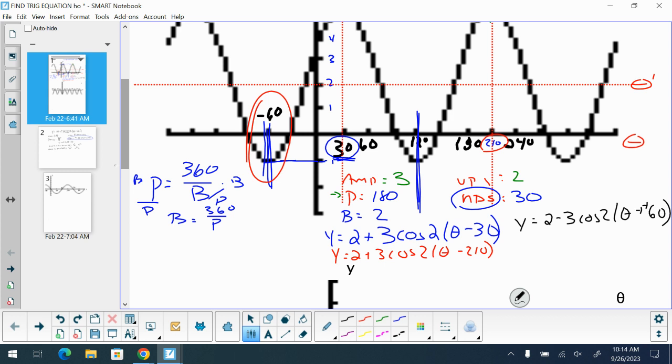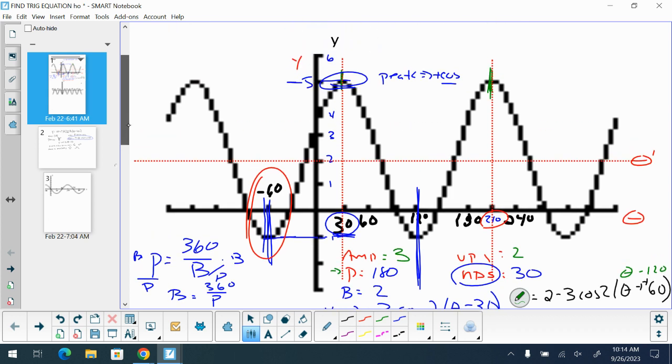Maybe you want to use 120. Then this would be theta minus 120. That's a correct equation. If you want to play some games of halves, I'm at negative 60 here. I'm at 30 here. My halfway point between negative 60 and 30 is negative 15.